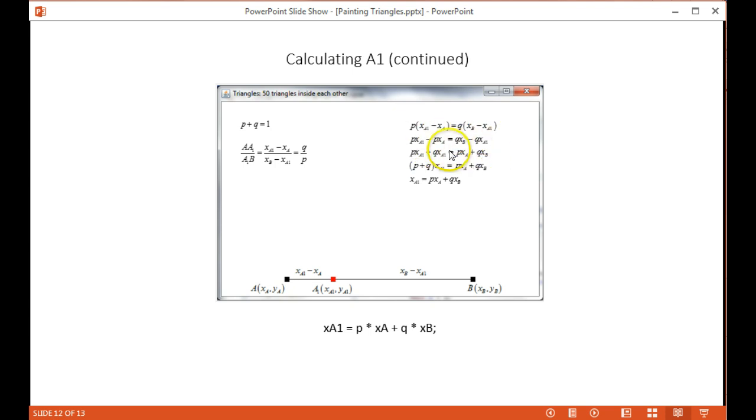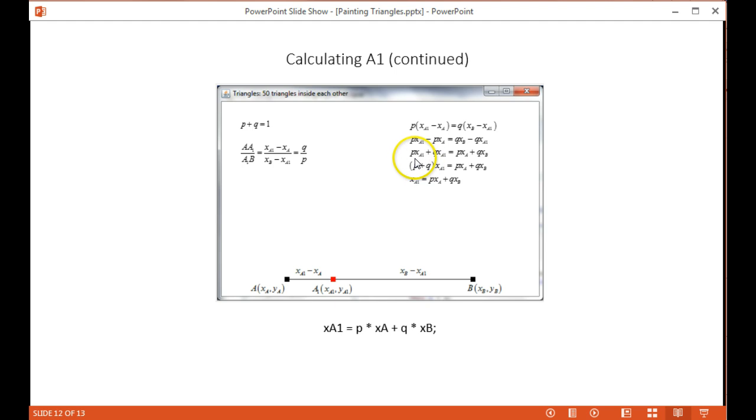And then we just distribute out. We get p x sub a1 minus p x sub a equals q x sub b minus q x sub a1, right? And then we can add q x sub a1 to both sides, and we can add p x sub a to both sides.